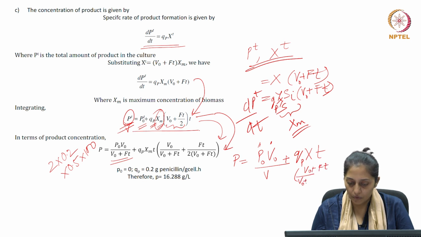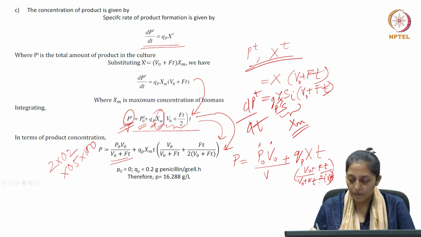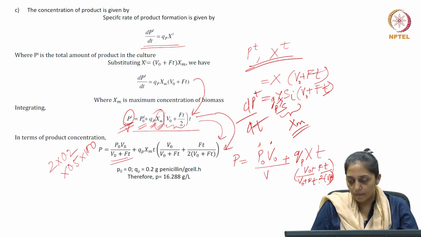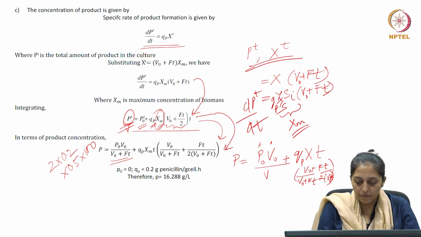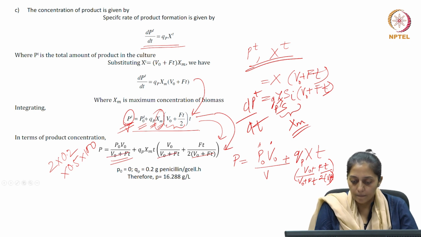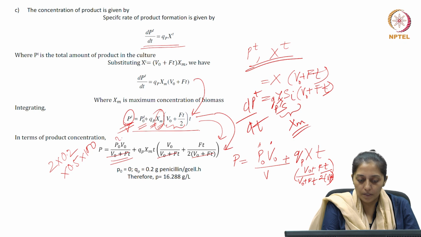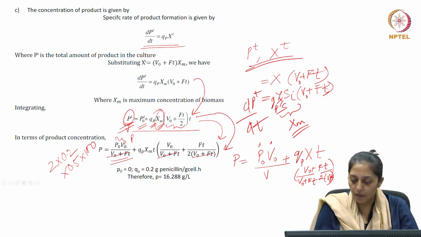So, if we substitute all this, here we know the final volume was again 1 liter. So, V naught plus Ft here gets automatically cancelled. So, this will end up as P naught, and V naught is nothing but your initial amount of product, divided by, so all this is 1.